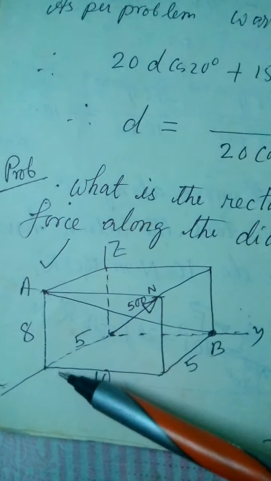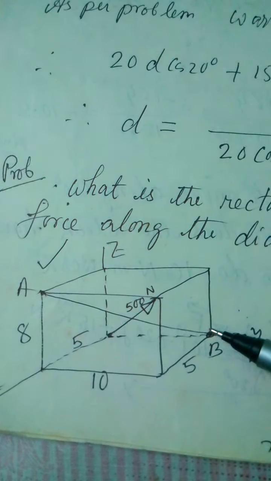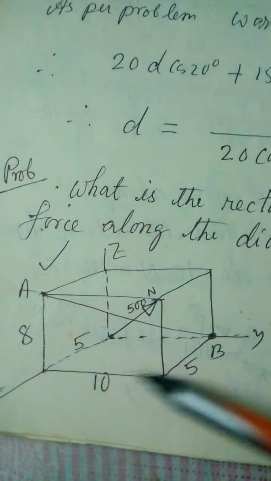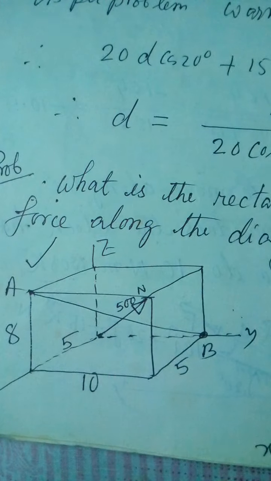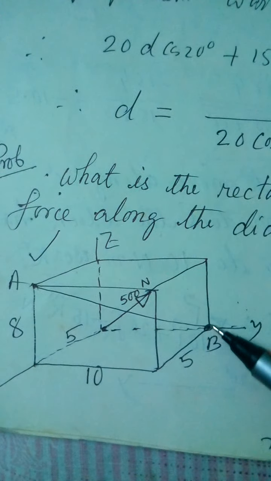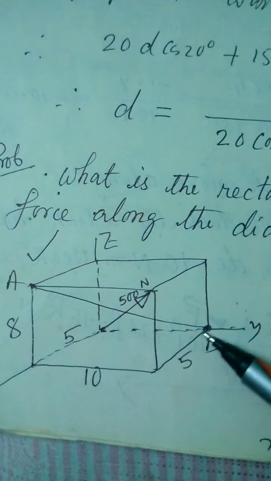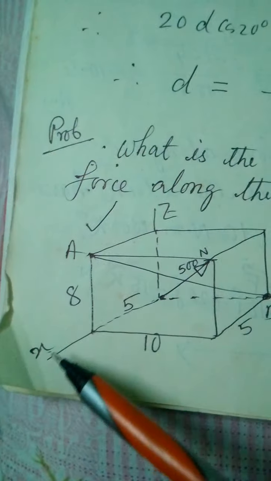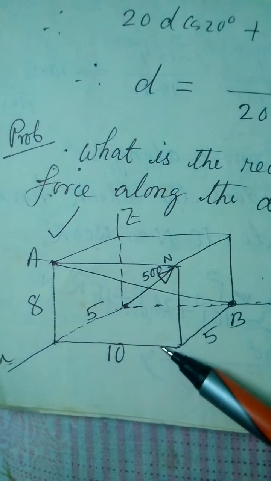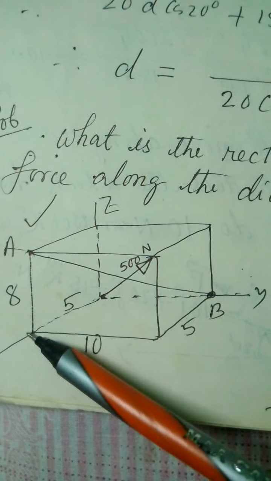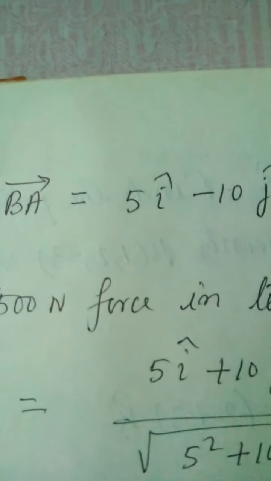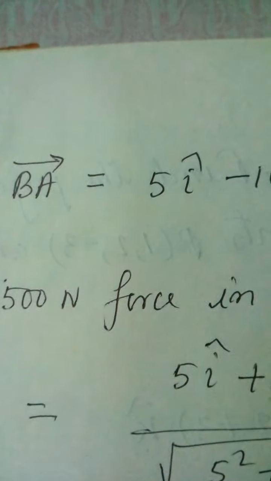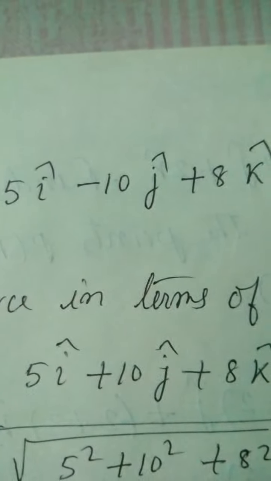First of all, you can get it like this: this plus this plus this, B to A. So this one is 5i because it is along x, this is negative of y so minus 10j, and this is positive of z so 8k. So BA is equal to 5i minus 10j plus 8k.